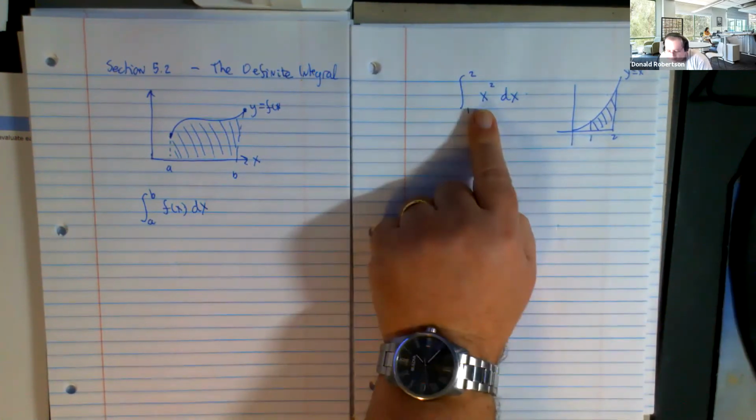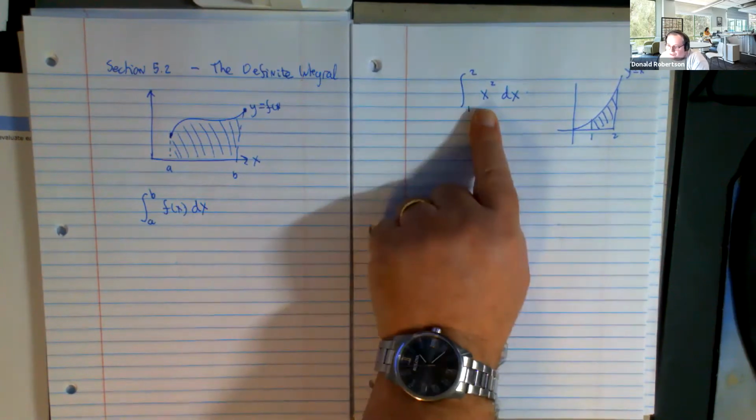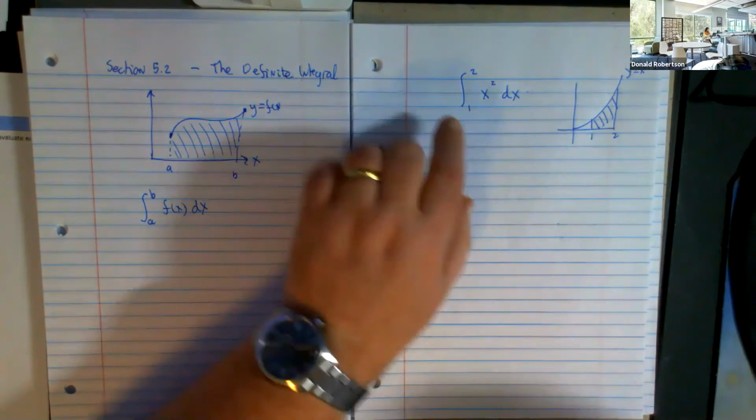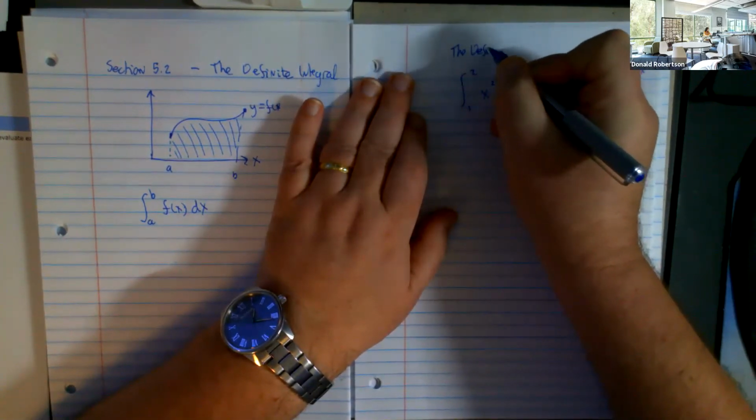Do you see that's a very concise way of describing the question? Instead of using a lot of English, find the area under the curve y equals x squared from x equals 1 to x equals 2, which is how you'd have to write it in English. Can't we just write it down in this nice, concise notation? This is called the definite integral.